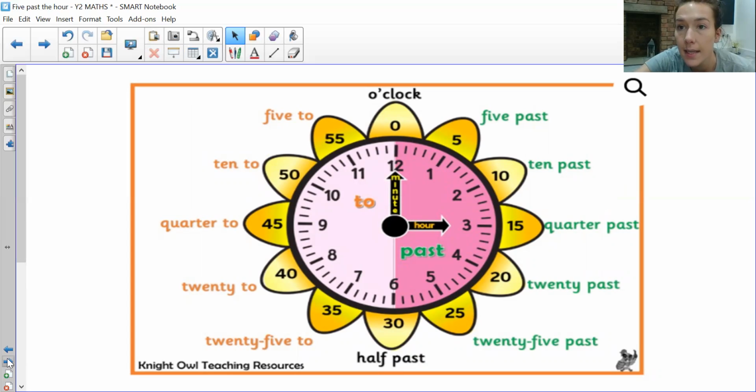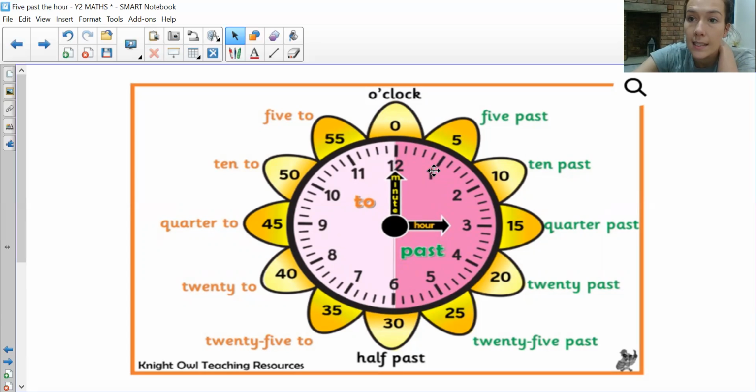Today we are only really going to be focusing on this half of the clock. If you remember back to when we did our half past, I asked you to link this to your fractions work, because we've got half, we've got quarter. So try and think of your clock face as being split into 2 halves.